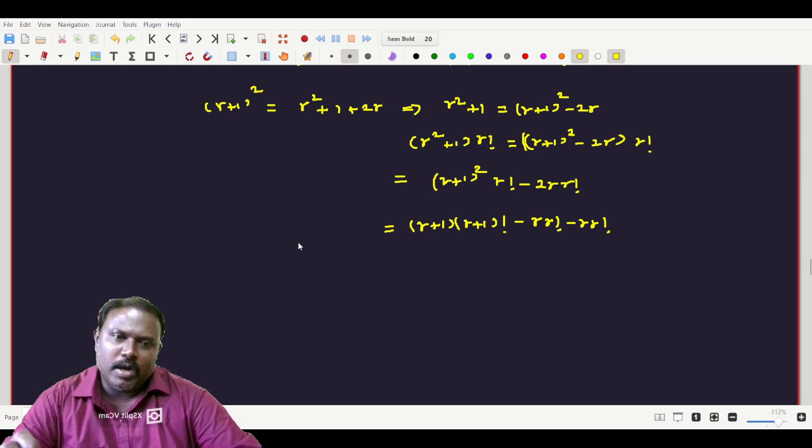So now I need to compute the summation r equals 1 to 10 of (r square plus 1) into r factorial.